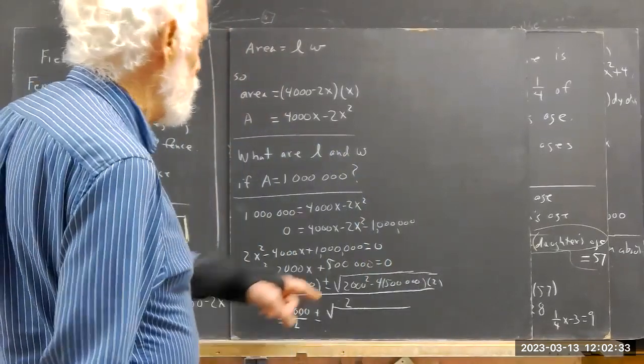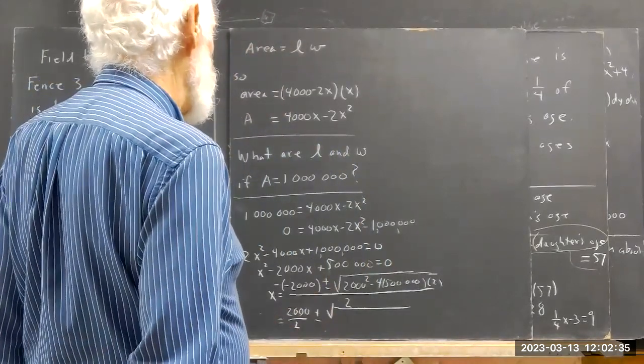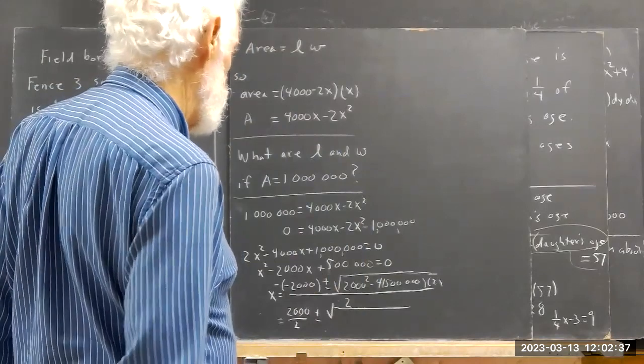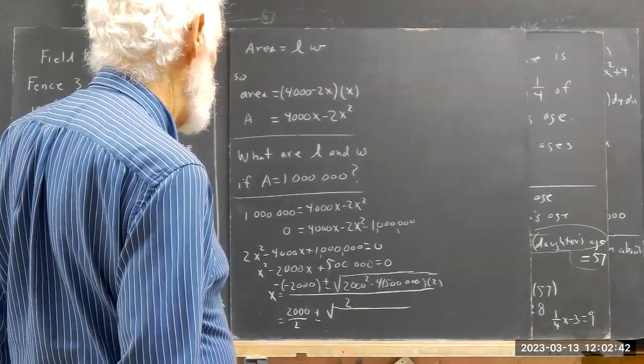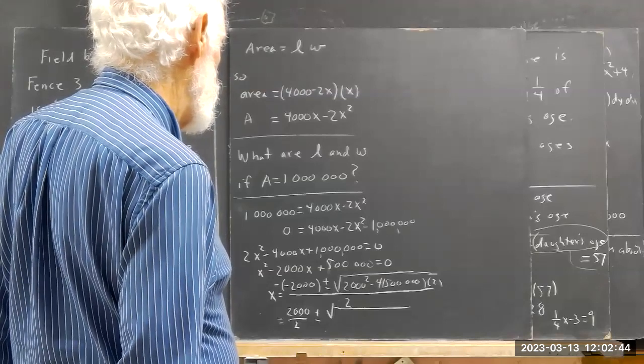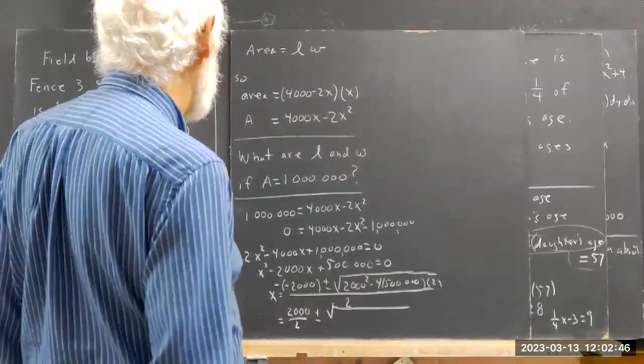Now the square root, 2,000 squared is, no, it isn't right. I'm getting a negative under the radical.